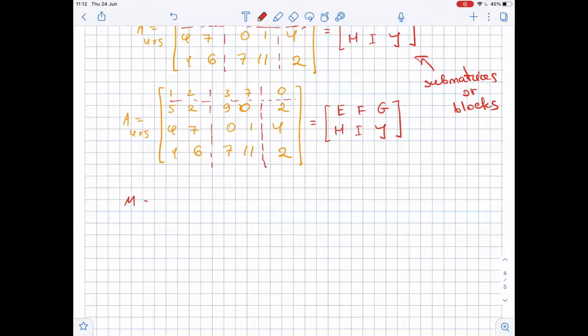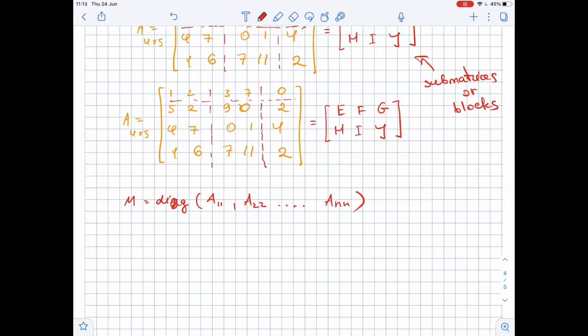So we can write down that M is diag of the blocks A11, A22, up to ANN.